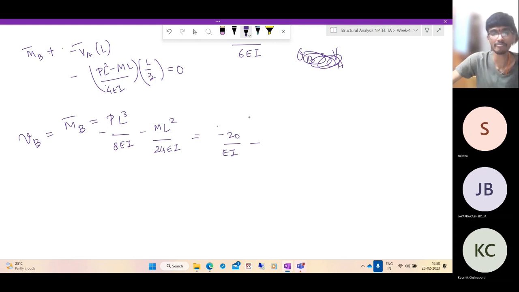And minus what is M? 5. L square is what? L square is 4. So you'll get M by 6EI, so 5 by 6EI.